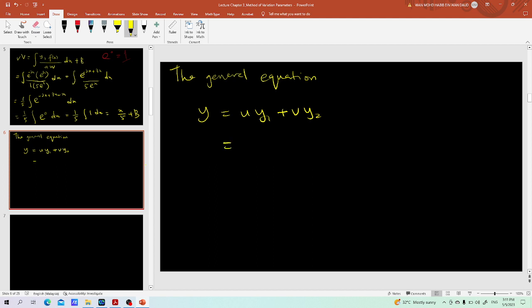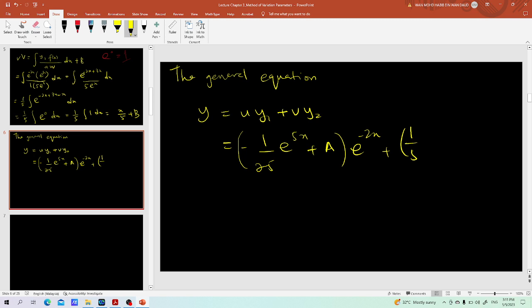We will have negative 1 over 25 e^(5x) plus a, times y1, e^(-2x), plus v. What is v? v is 1 over 5 x plus b, times e^(3x).